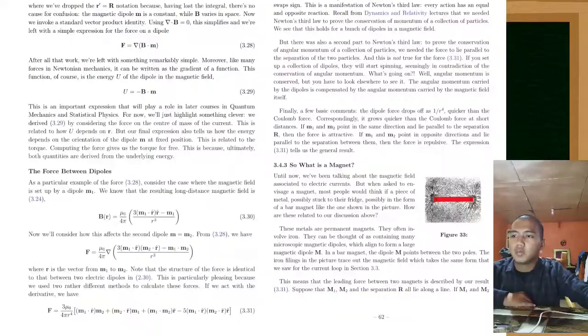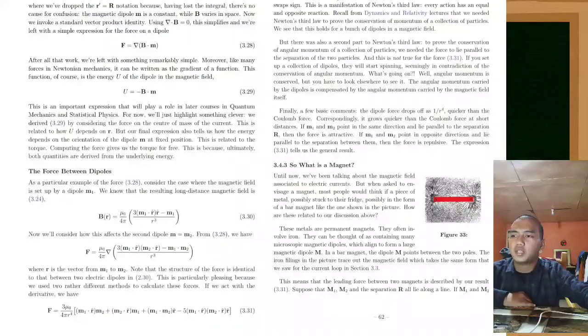These metals are permanent magnets. They often involve iron. They can be thought of as containing many microscopic magnetic dipoles, which align to form a large magnetic dipole m. In a bar magnet, the dipole m points between the two poles.